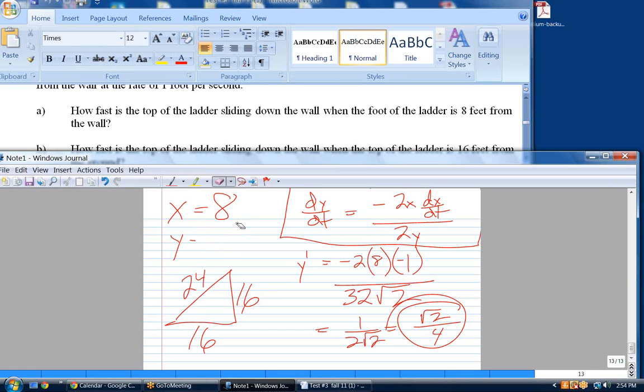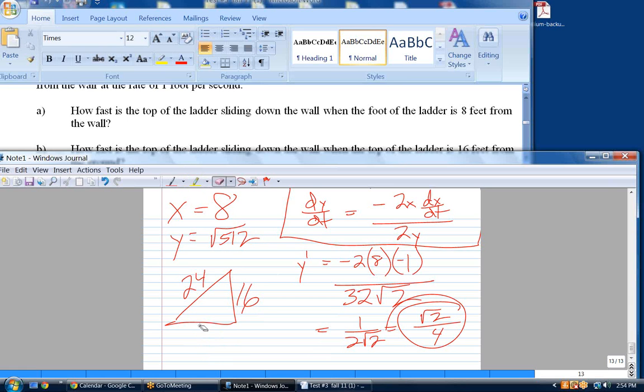In our first answer, the first answer was the square root of 576 minus 64, so that's why it was 512. So y was the square root of 512 in the first case.